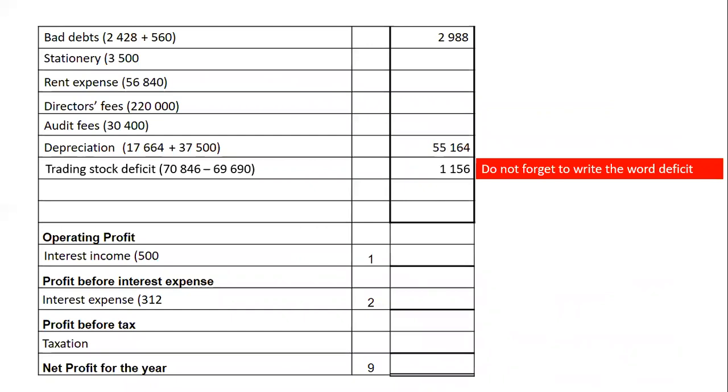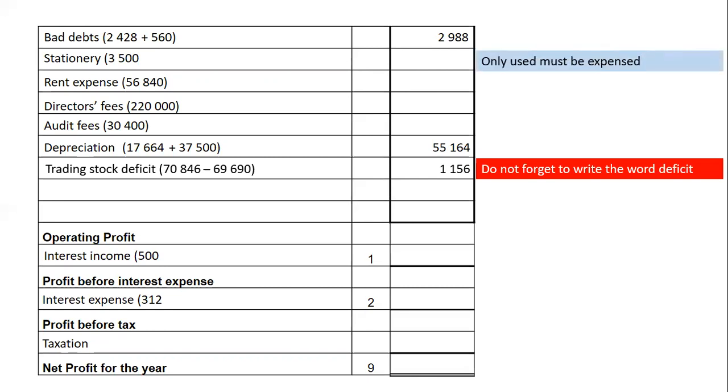Note that with your stationery as well, you only recognize stationery used as an expense. The unused stationery qualifies to be an asset, which will be used next year. We're going to use that stationery probably to balance our books, and when we balance our books, it makes sure that businesses run smoothly. If the businesses run smoothly, it generates profit. So the reason why we recognize it as an asset is because it will contribute somehow to us generating income and generating profit.